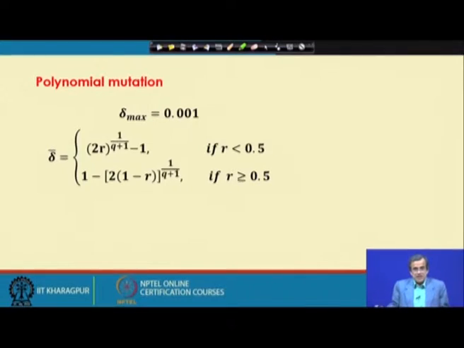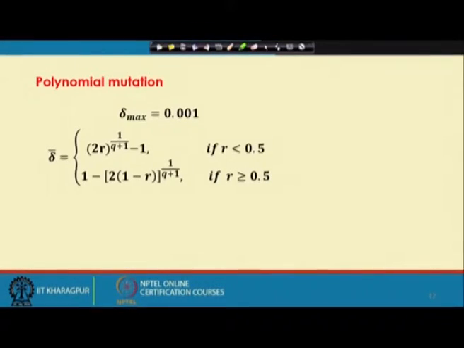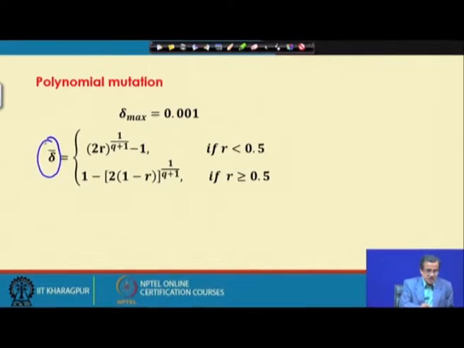Now, let us see how to implement this mutation. If you see the literature, we have got a few mutation operators, and here I am just going to discuss the principle of a particular mutation operator, that is called polynomial mutation. Here, we will have to find out this delta bar, that is nothing but the perturbation factor. Perturbation is nothing but the dissimilarity.